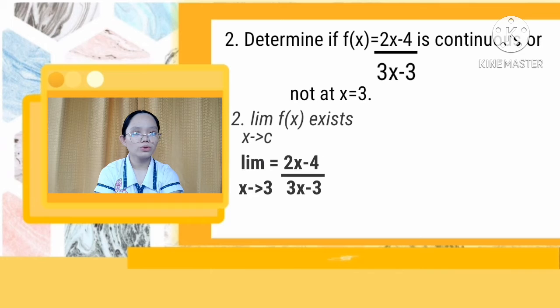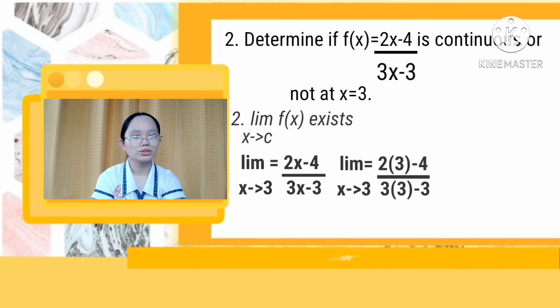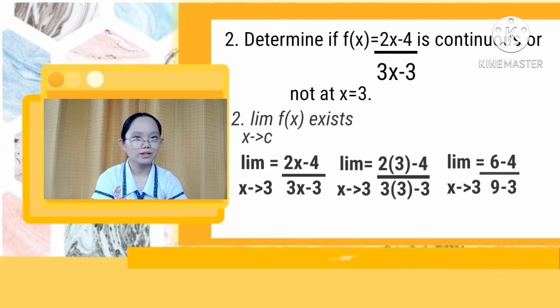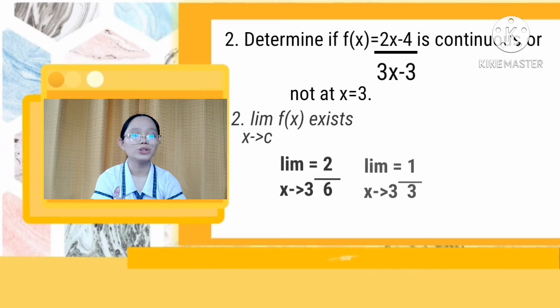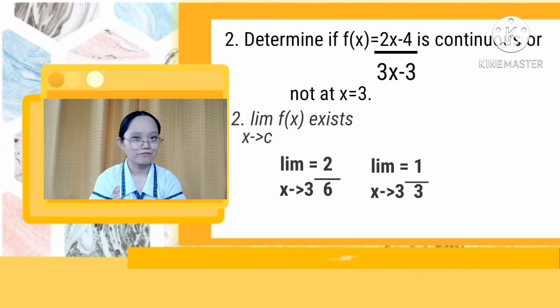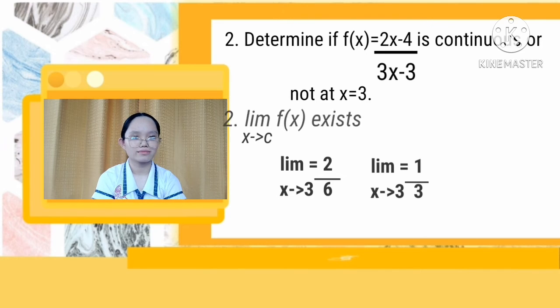Second condition, the limit of f of x as x approaches c must exist. The limit of 2x minus 4 over 3x minus 3 as x approaches 3 is equal to 2 times 3 minus 4 over 3 times 3 minus 3, equal to 6 minus 4 over 9 minus 3, equal to 2 over 6 or 1/3. Therefore, the limit of f of x as x approaches c exists.